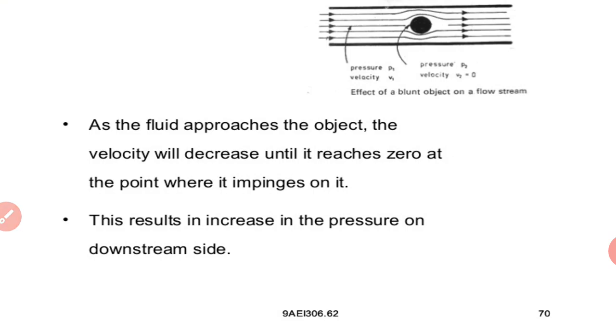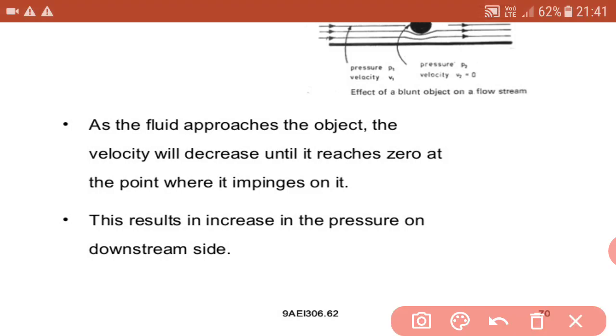As the fluid approaches the object, the velocity will decrease until it reaches 0 at the point where it impinges on it. It means whenever the fluid approaches the object, velocity decreases and it will become 0 at the point where it impinges on it.